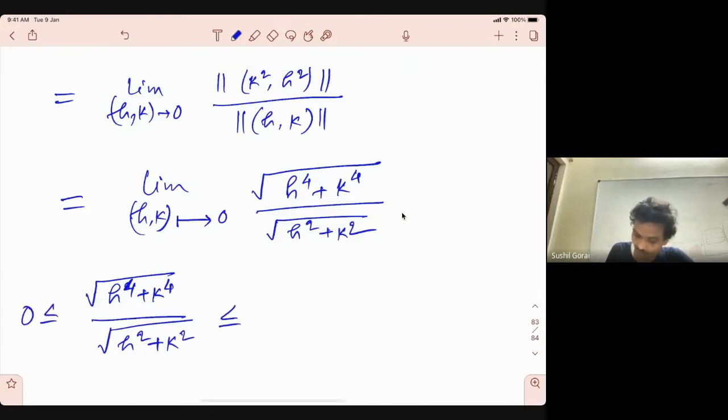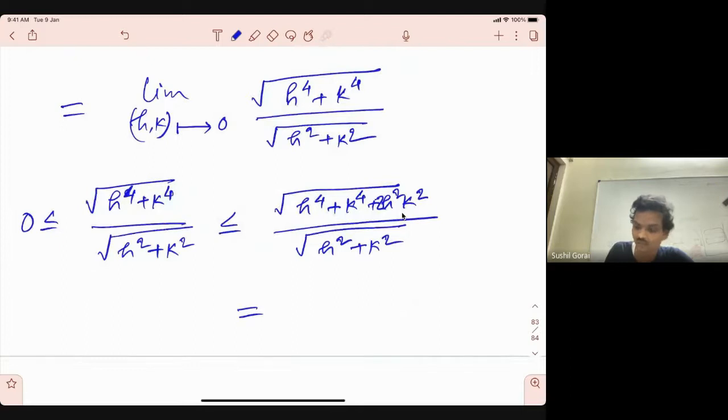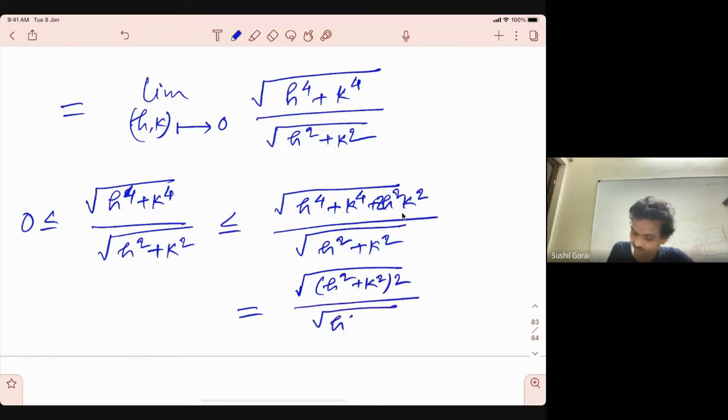Now in the upper bound, you just put a simple one, adding one more term, 2h square k square, so this is less than or equal to the square root of (h square plus k square) whole square over h square plus k square, which is the square root of h square plus k square.